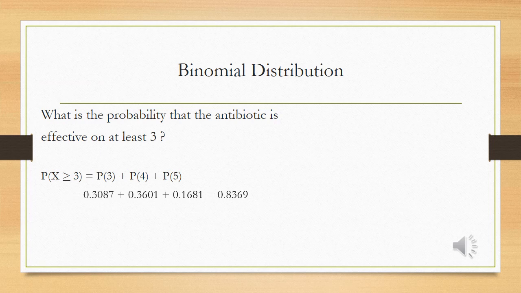So the probability of x greater than or equal to 3, because it says effective on at least 3, would be the probability of 3 plus the probability of 4 plus the probability of 5 successes.